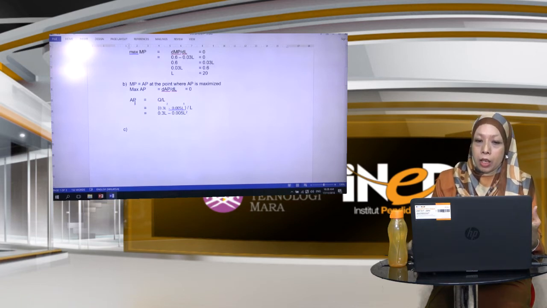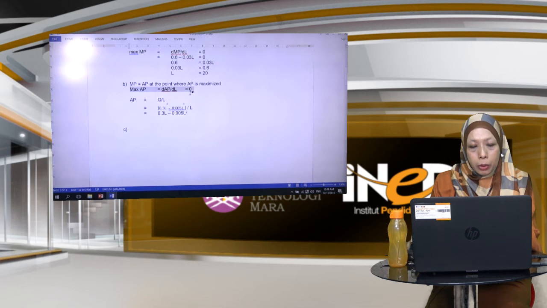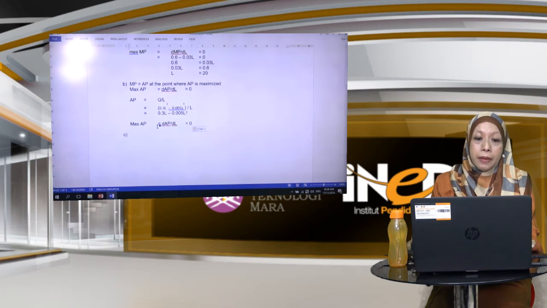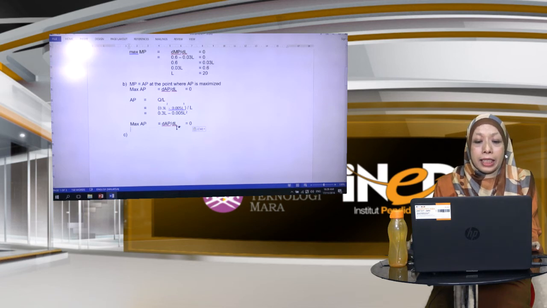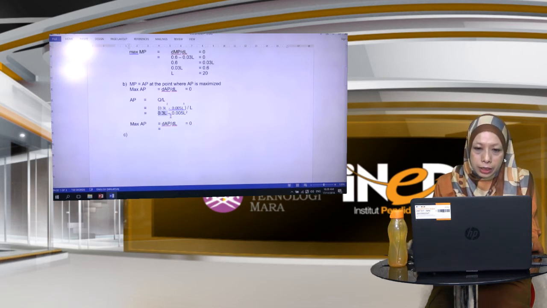Now once you get the average product function, you can go back to the question. What does the question want? The question wants you to find the point where average product is maximized. When average product is maximized, you have to differentiate average product and set it equal to 0. To differentiate average product, you need the average product function, which is this.